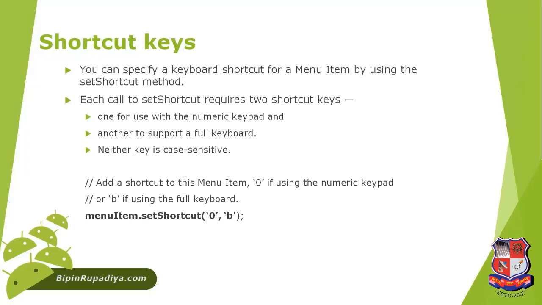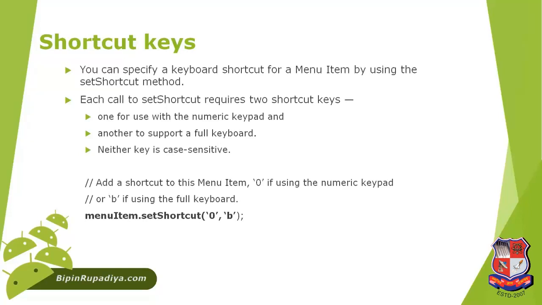So if you wish to set a shortcut for your menu item, you can set this with the shortcut keys. So you need to utilize one method, that is shortcut. There are two shortcuts you need to provide. First for the numerical keyboard and another for the full keyboard, like the QWERTY keyboards where alphabets are there.